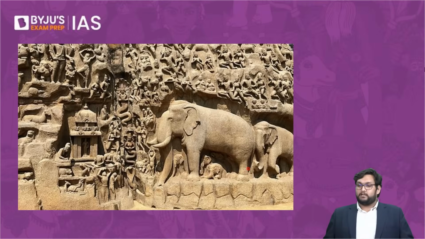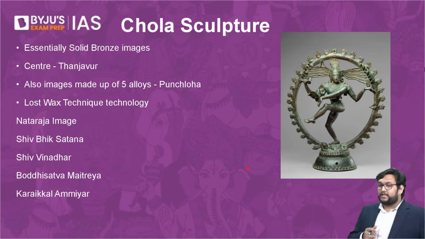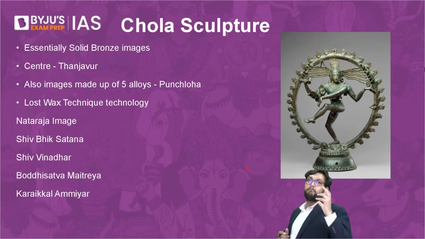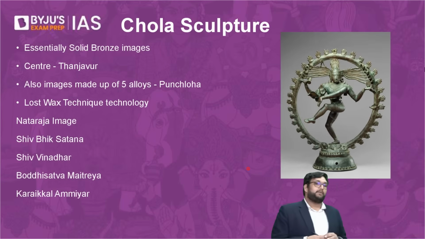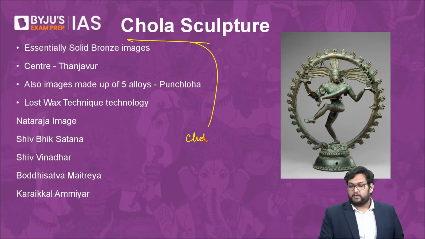But it is again the sculptors going to the southern sector, and these sculptors will then create a masterpiece in the form of what is called the Chola bronze images.